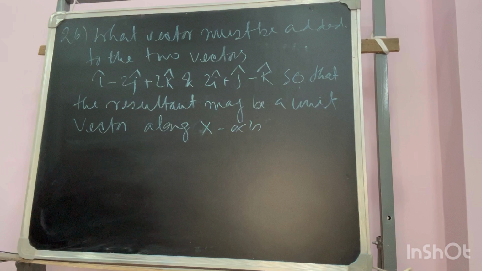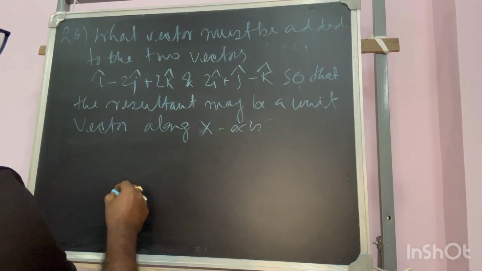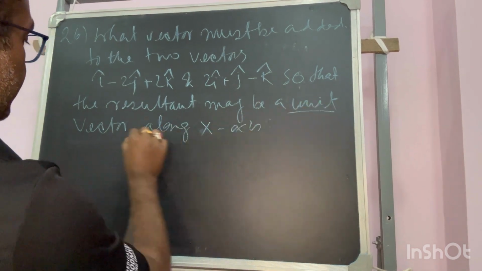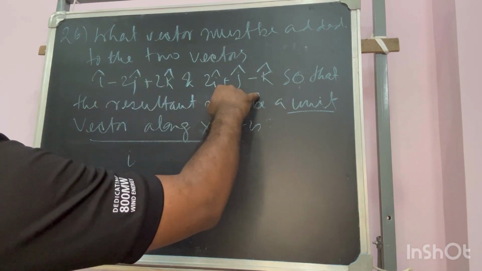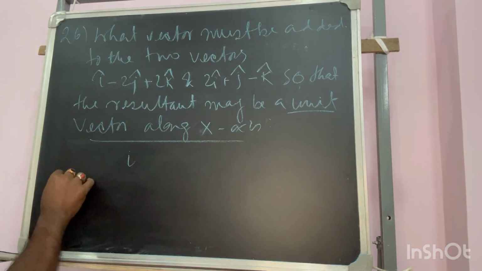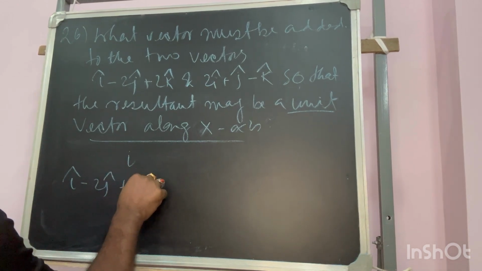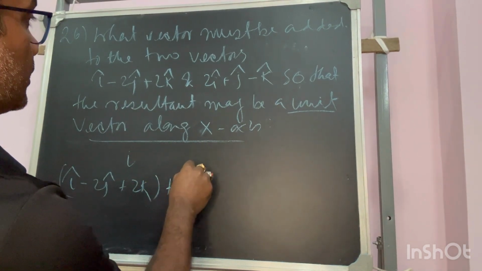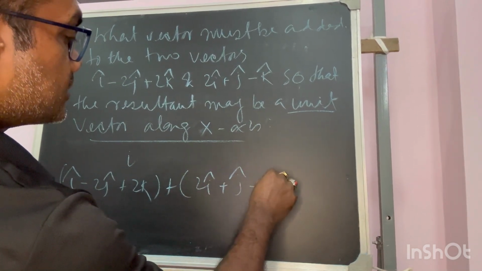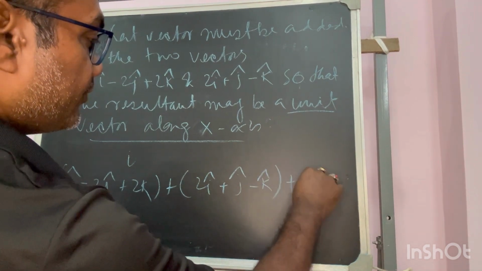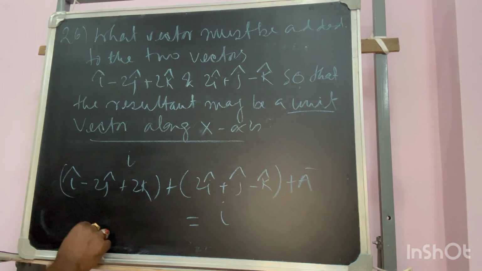Okay, so if I take this statement, the unit vector towards the x axis is i. So I have to add these two and another vector. Let's say the vector is A. So I am adding this plus 2i plus j minus k plus another vector, and I am getting the resultant i. So what is A?